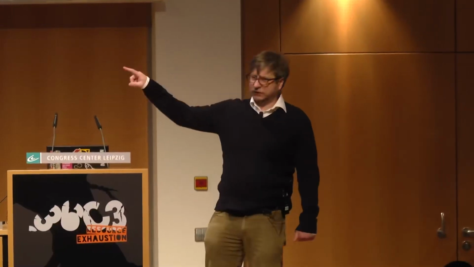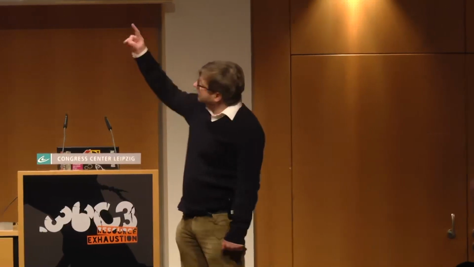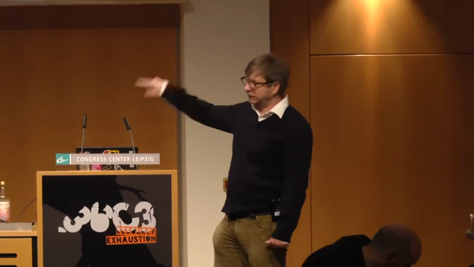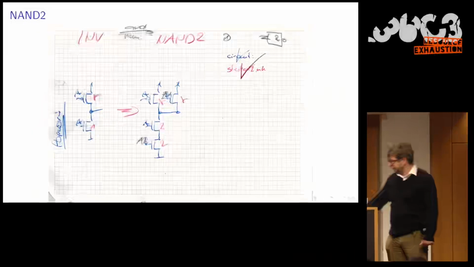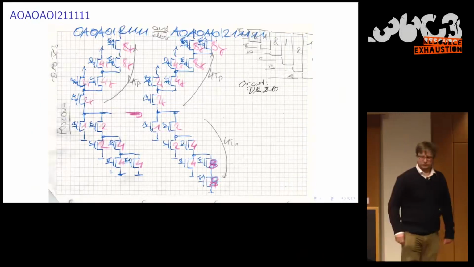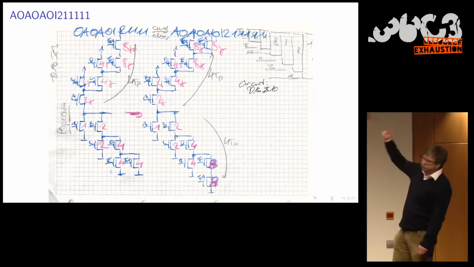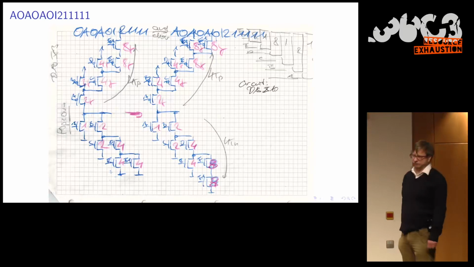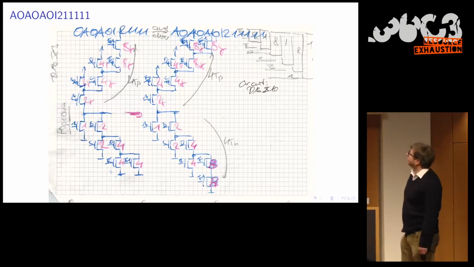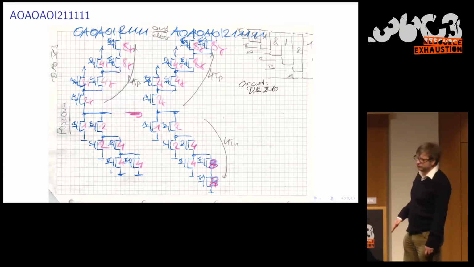I did the same for an AND. I started with the inverter, and then I extend the pull down in series and the pull up in parallel, and then I continued with that. So I continued with NAND 2 to NAND 3, etc. And I arrived at a cell which looked like this.